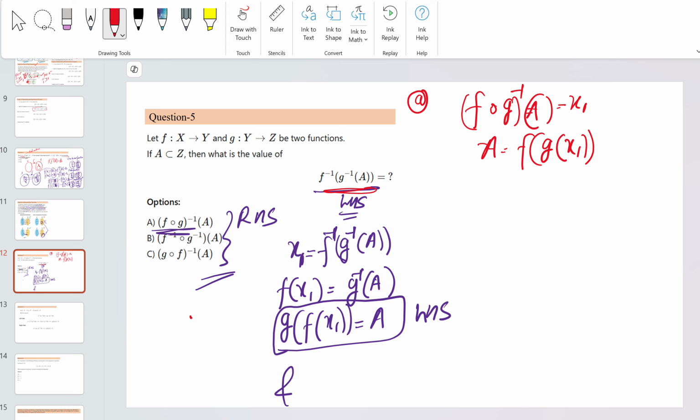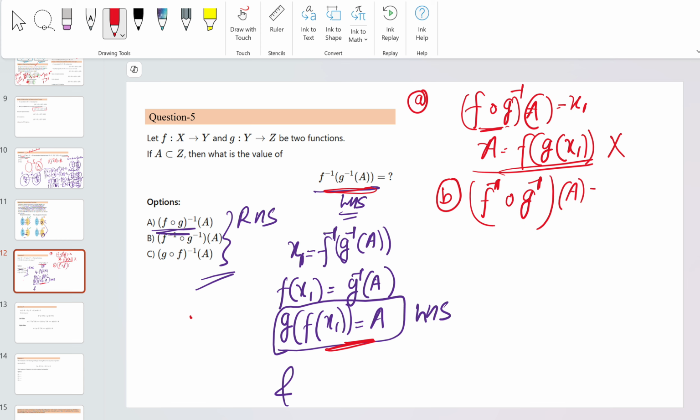Getting my point? Because you can take f of g to the other side, it will become a is equal to f of g of x1. So this is incorrect, because LHS is actually not equal to RHS. Let's take the other, f inverse of g inverse of a. Let's assume that it is x1.